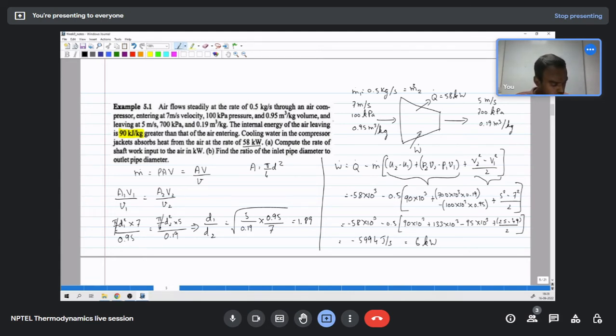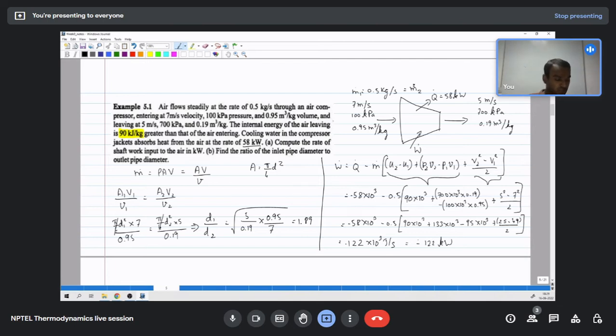So this would be 122 into 10 power 3 joules per second, or minus 122 kilowatt.